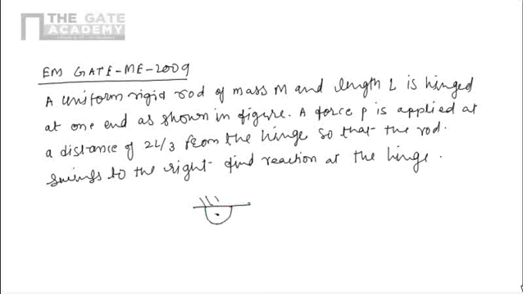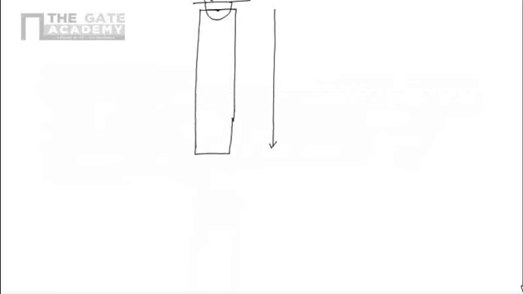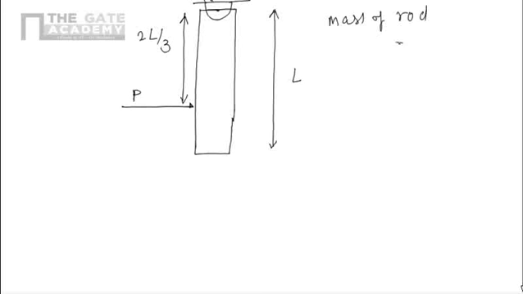This one is the hinge, and on the hinge we have the rod of length L, and here we are applying force P at a distance 2L/3, and we know the mass of the rod is given, that is M. Now we are interested in the reaction at the hinge.